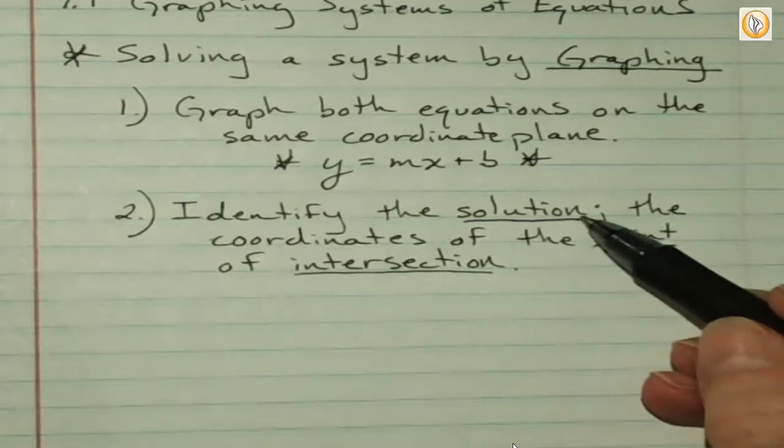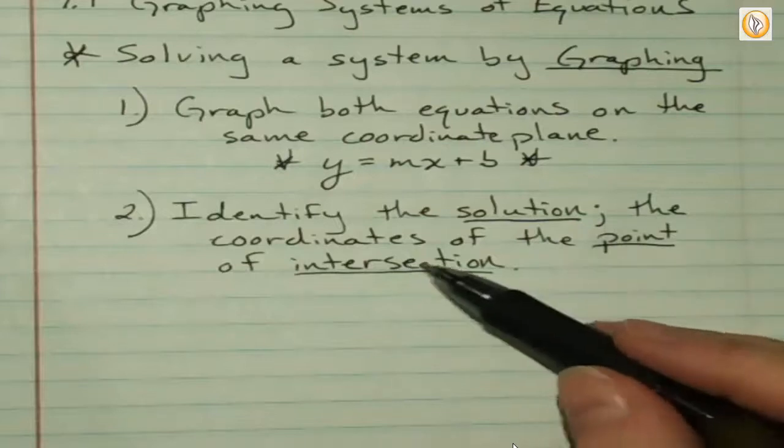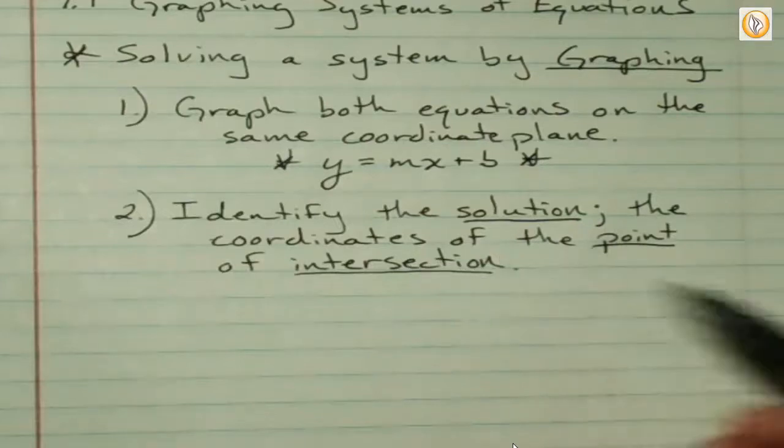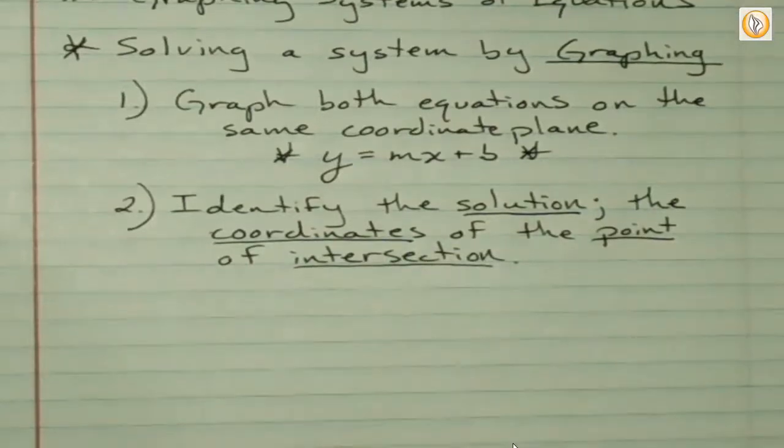Solution is like your answer. Okay, you're going to identify the solution, which is the coordinates of the point of intersection. Now I'm going to explain that in more detail.